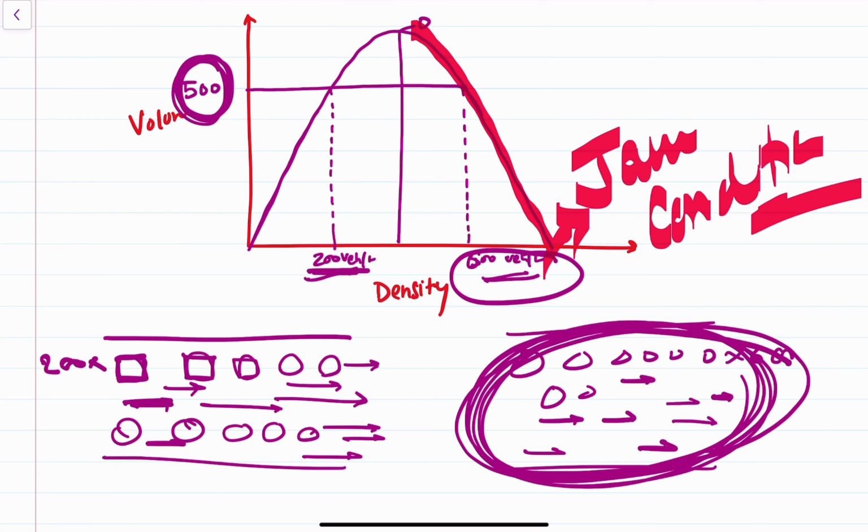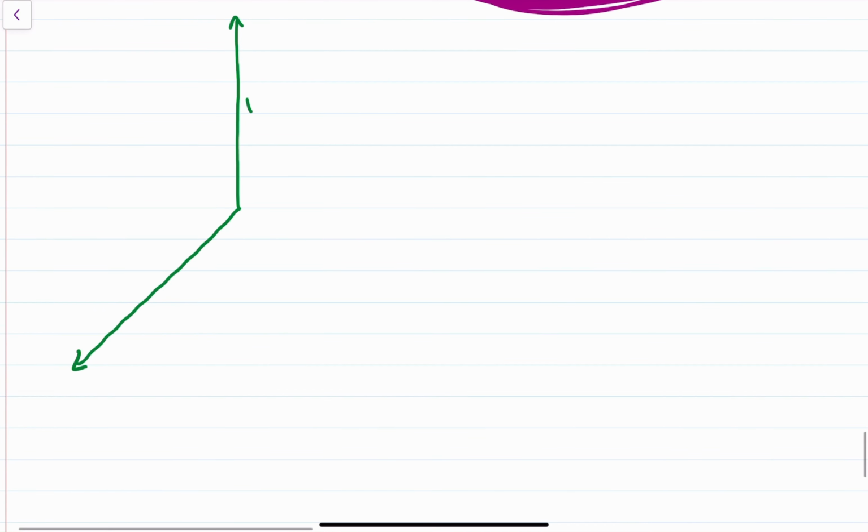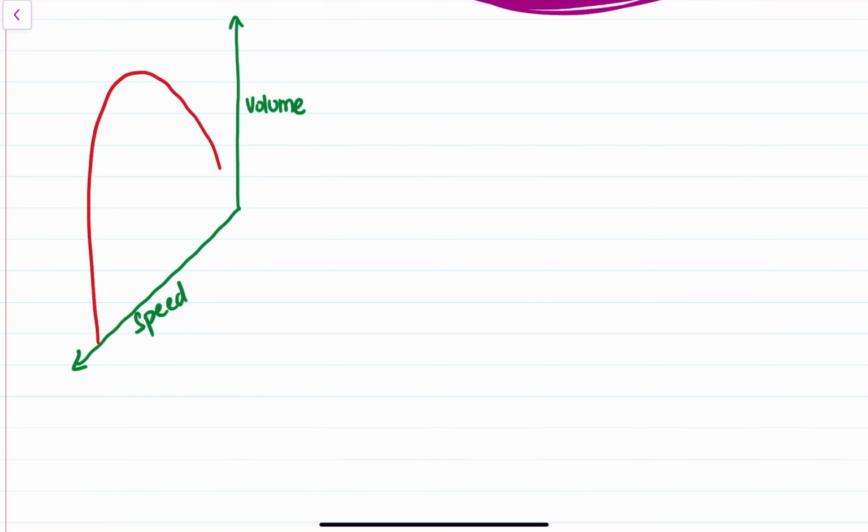All right. So the last topic. If we want to superimpose these graphs, we have traffic volume and traffic speed, and the relationship is somewhat like this.